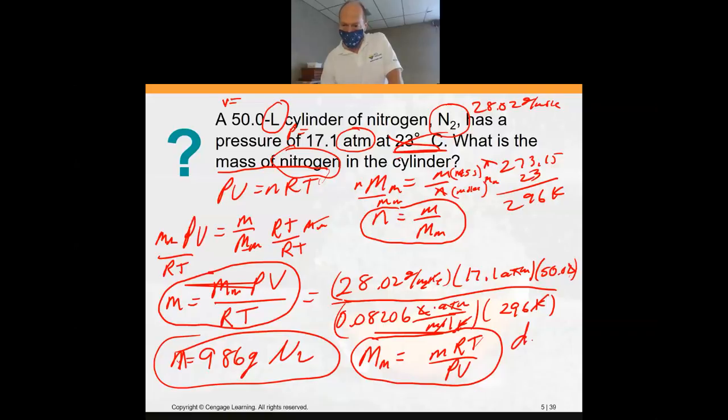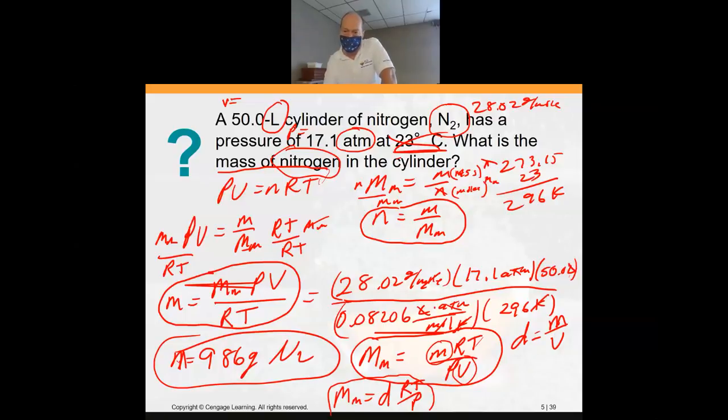Also note that density is mass over volume, and right here we have mass over volume. So you could find molar mass by taking the density times RT over P. If they gave you the density and they asked for the molar mass, then you would just take the density times R times T over P, because mass over volume is the density.